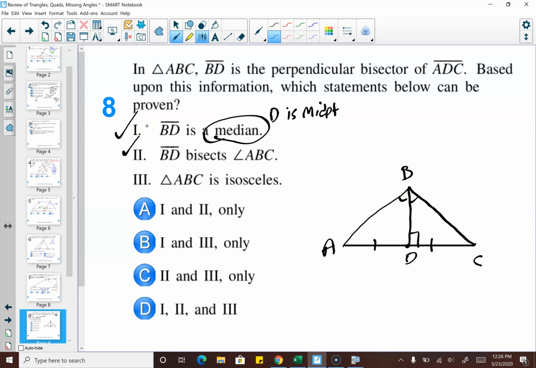BD is going to be the bisector there of angle ABC, and the reason that's true is because this last piece is true. Triangle ABC is isosceles, all right? If you have the perpendicular bisector to a side like that, that only occurs in an isosceles triangle, so our correct answer here is going to be choice D, all three of them.